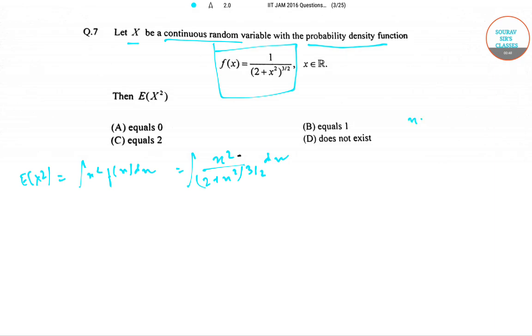Now let us take x to be root 2 into tan theta. Then we'll get dx to be equal to root 2 sec squared theta d theta. Now substituting the value of x and dx over here, we get, now since x has been changed to tan theta, the limits would also change.